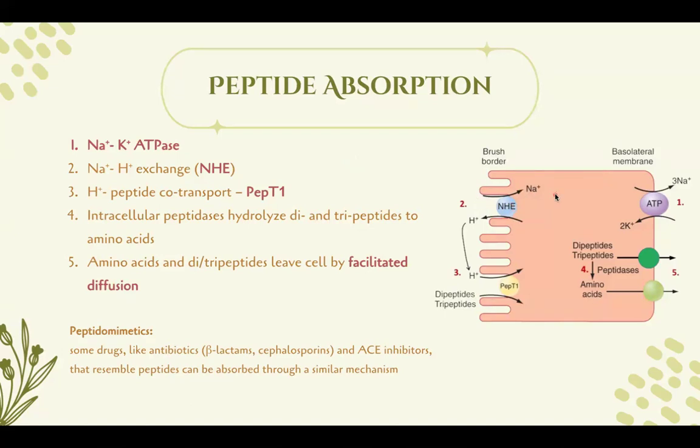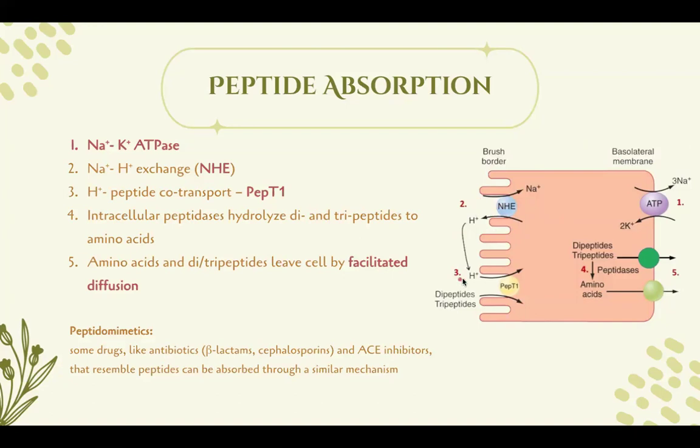Basically, sodium flows in because we have very little sodium here. And when it flows in, it pushes hydrogen out into the lumen. Here is the lumen, and here is the basolateral side where you have blood. So this NHE basically pushes out hydrogen.